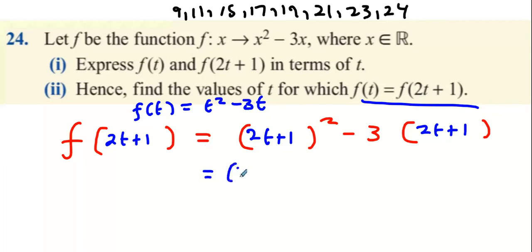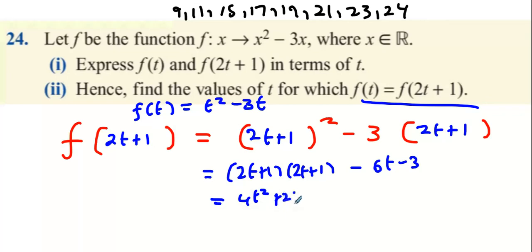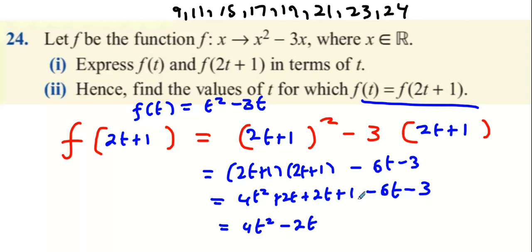It's 2t plus 1 by 2t plus 1 minus 6t minus 3. 4t squared plus 2t plus another 2t plus 1 minus 6t minus 3. 4t squared. 4t take away 6t is minus 2t. Plus 1 take away 3 is minus 2. Everybody cool with that?